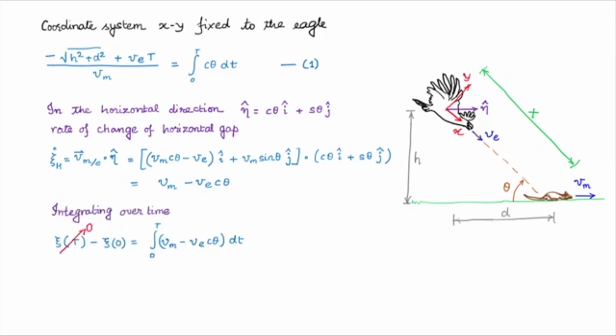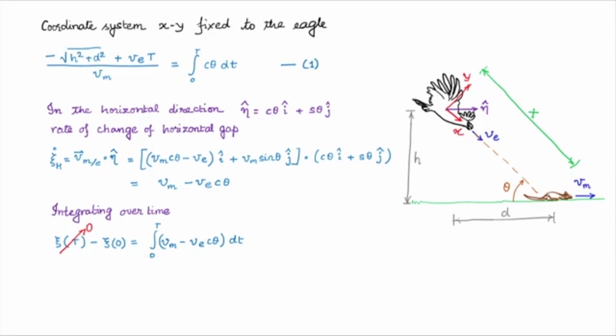Therefore, if I integrate over time from 0 to capital T, the horizontal gap at capital T must vanish because it has caught the mouse, and xi at 0 is the starting horizontal gap, which is d, and that is equal to the integral. You can see here V m minus V e cosine theta integrated over time.